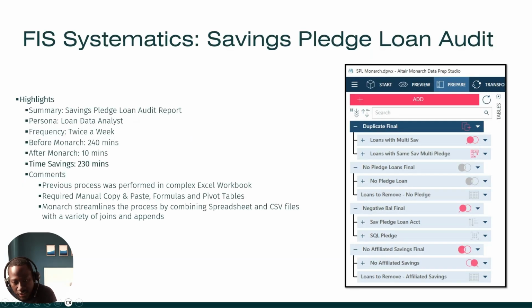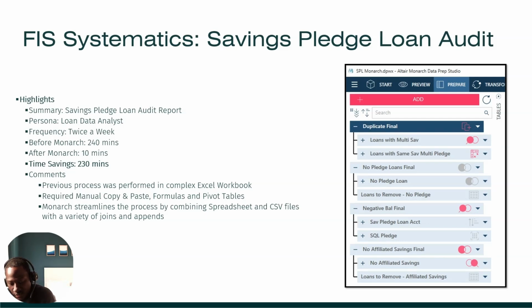Okay, so this is a use case within the financial services industry. The FIS Systematics is a core banking system. There are many different core banking systems, so this would be a use case that would resonate with any retail financial institution. Well, it actually says twice a week.